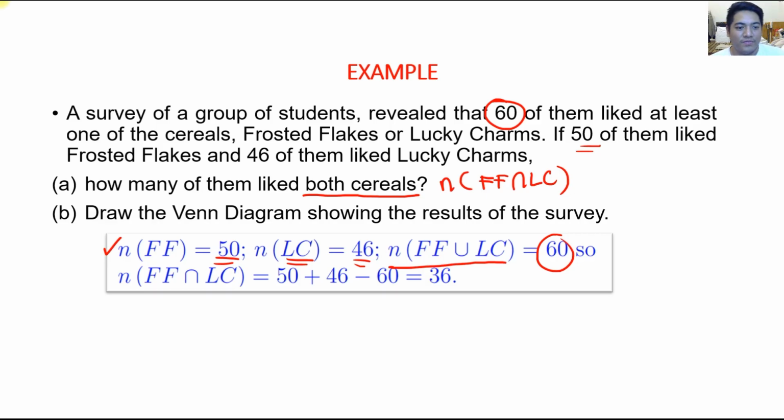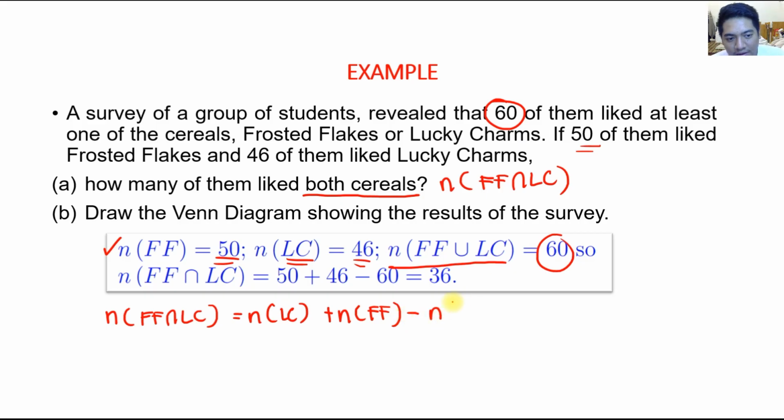Alright? So, if we get that, that would be simply from our derived formula, we have N of LC plus N of FF minus N of FF union LC.